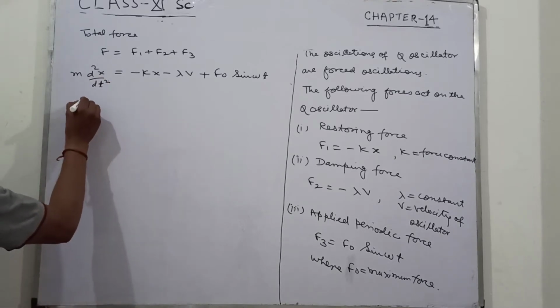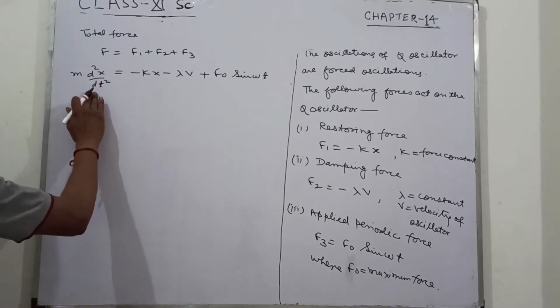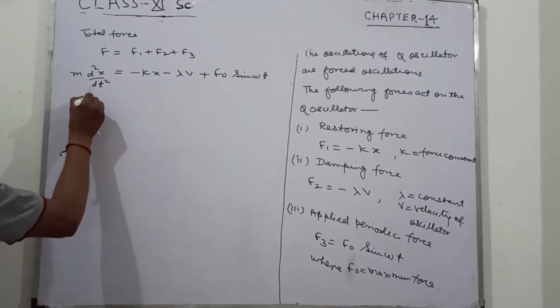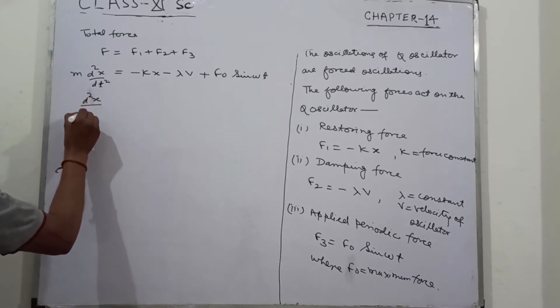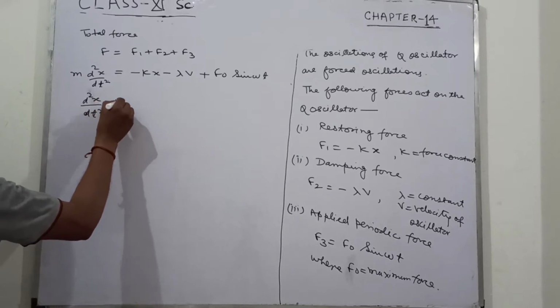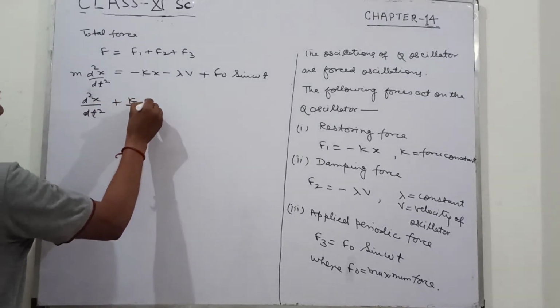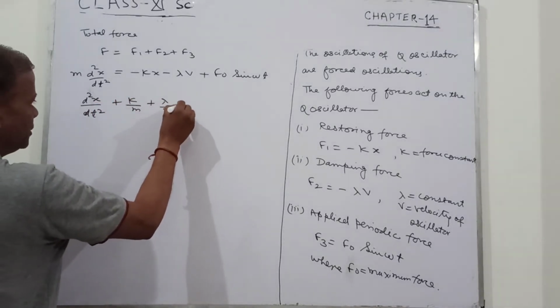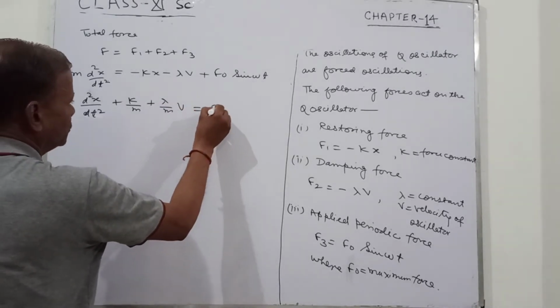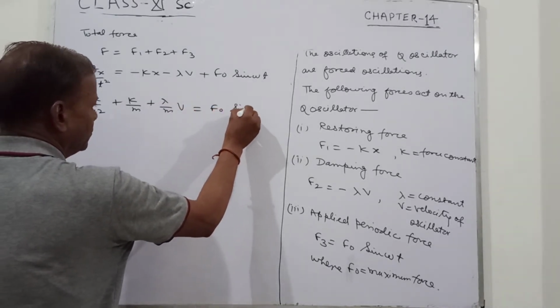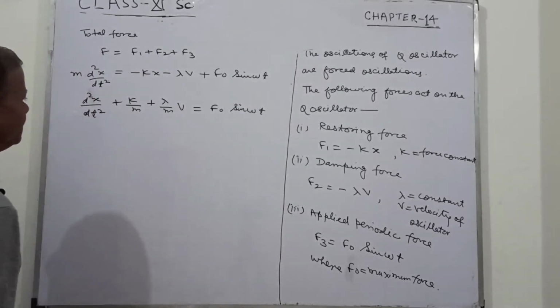So we can have d2x upon dt square plus k upon m x plus lambda upon m into v equal to F naught upon m sin omega t.